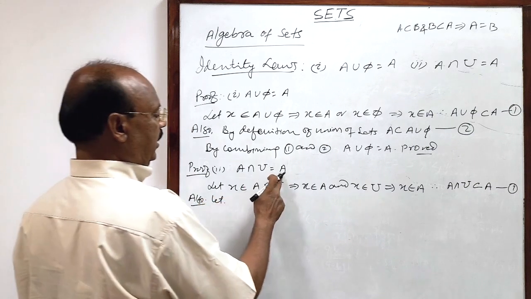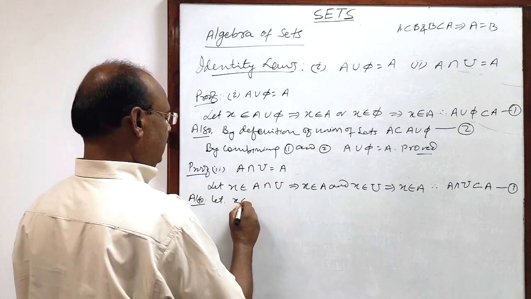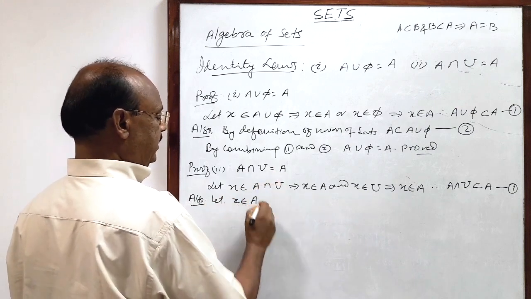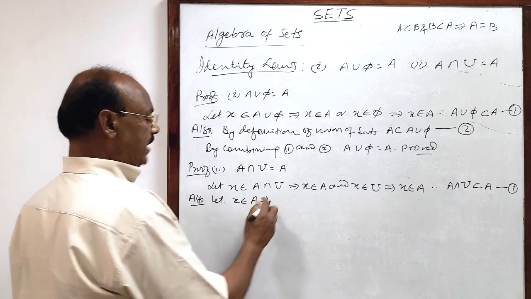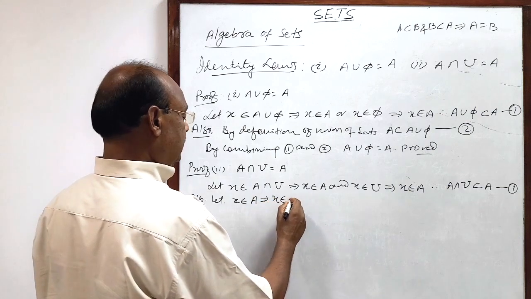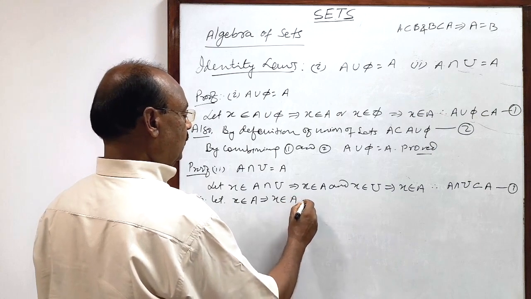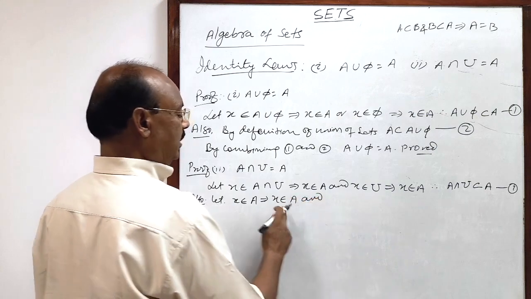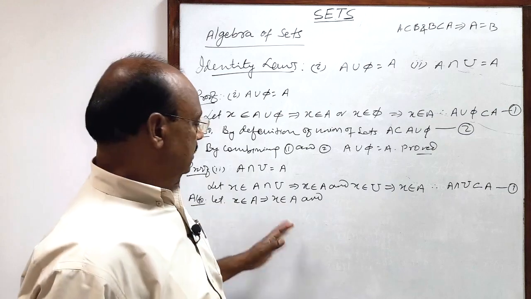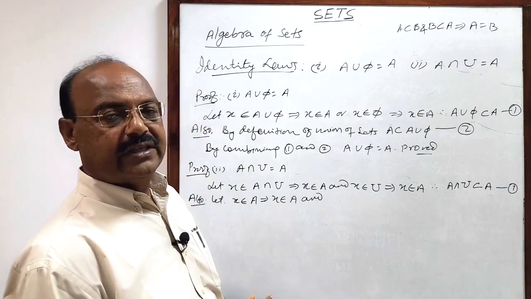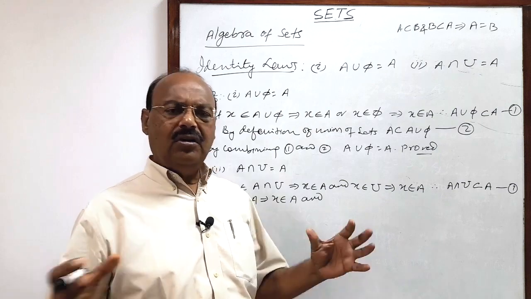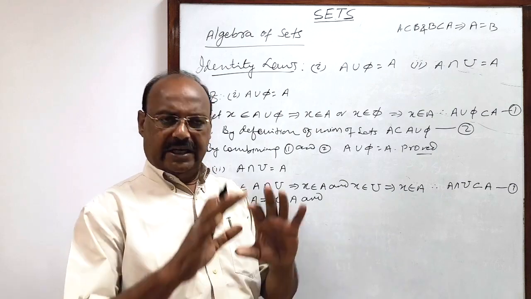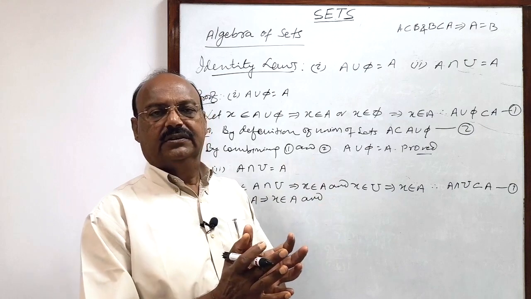Okay. Now again, let any element X belong to the set in the right hand side, X belongs to A. Correct? Then this implies that X belongs to this set A, and if you consider universal set, then universal set consists of all the elements under that particular context, isn't it?